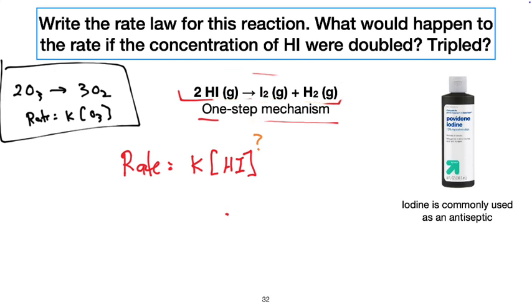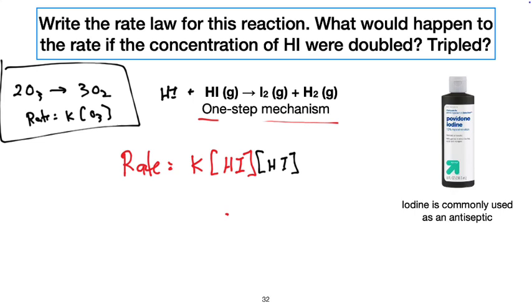Written a slightly different way, for this reaction to happen, we have HI plus HI. What has to happen? To the second power.